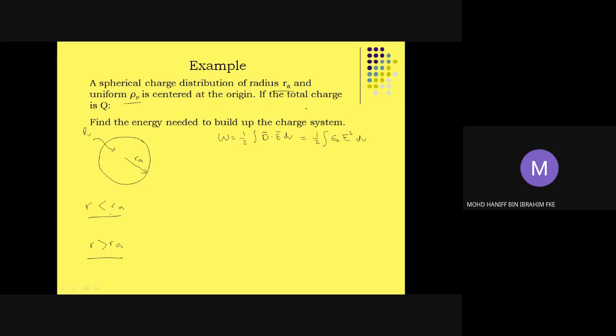Okay, so let us go for the first one, which is R less than RA. That will be based on Gauss's law, because we have a spherical structure. For the first case, that should be your Gaussian surface, with R indicating the R less than RA region.